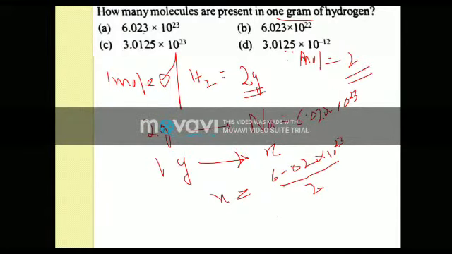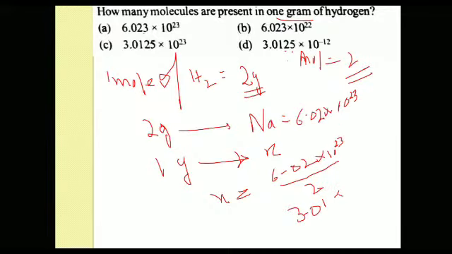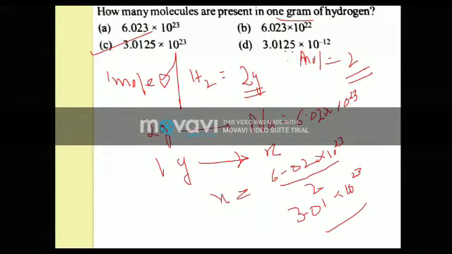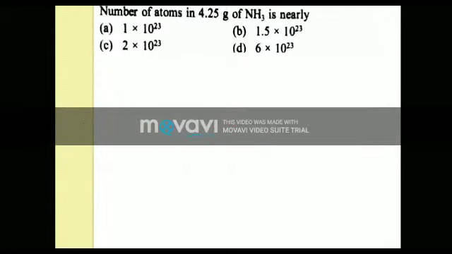So how much do you get? You get 3.01 × 10^23. So C is your correct answer. Okay, let's move to the next question.